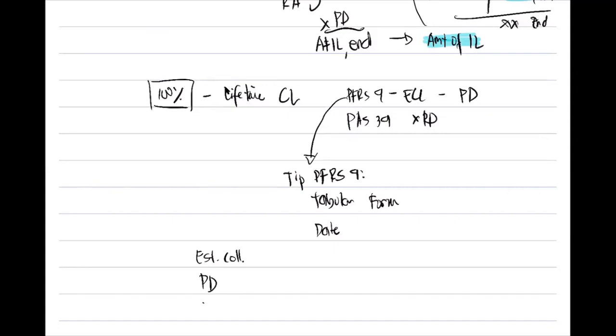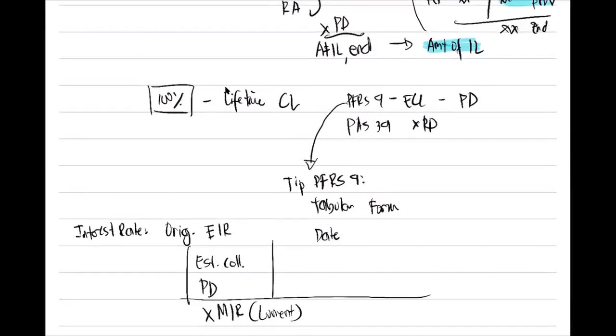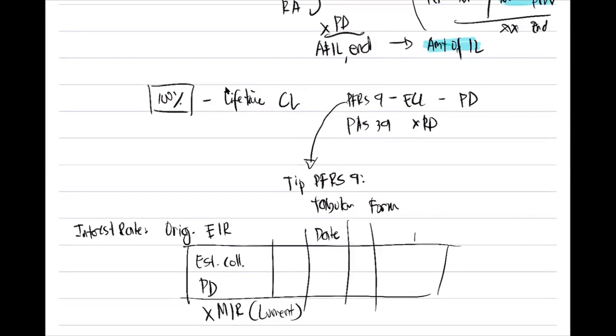You ignore any current market interest rate. The only interest rate we use in your future cash flows is the original effective interest rate. When you make your tabular form, this is all you need: the estimated collection and the dates, whether there are 5 dates or whatever.